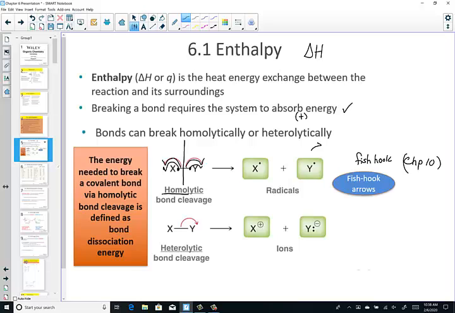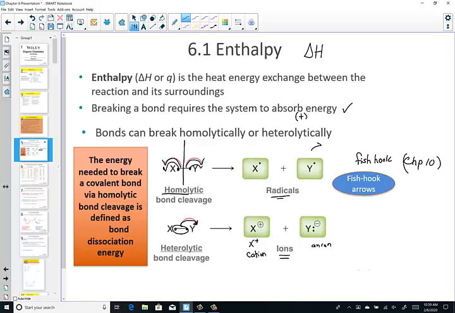The opposite would be a heterolytic bond cleavage. So again, here's the shared pair, but both electrons go in the same direction, and that's why we see the arrowhead completed. A heterolytic bond cleavage results in ions, where the loss of electrons results in a cation, and the gaining of electrons results in an anion. So charged particles.